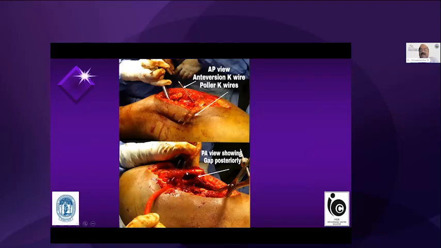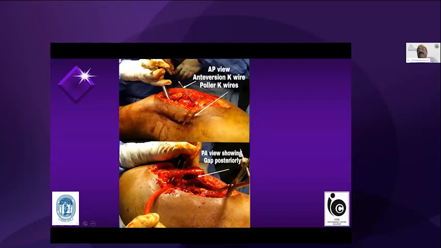You can see there is a huge gap posteriorly after the implants were removed. What I did was I used two K-wires to prevent the nail going through the same track, to make the entry much more medial. I passed two anteroposterior K-wires, and I also passed one anti-version guide wire.